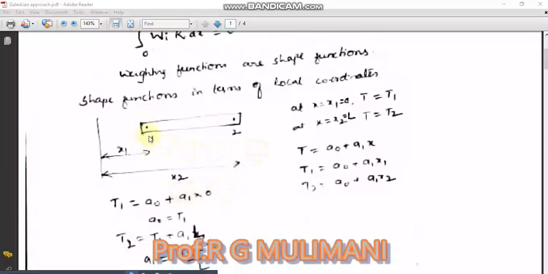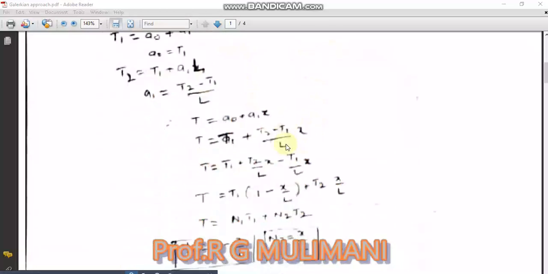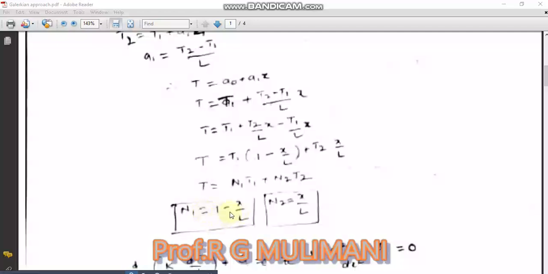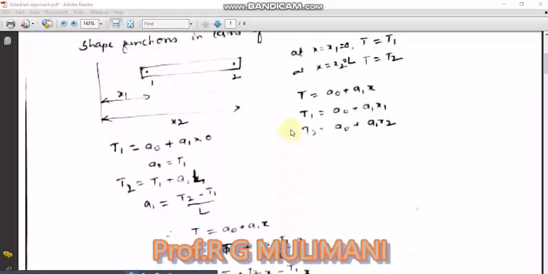At node 1 the temperature is T1, at node 2 the temperature is T2. Node 1 is at x equal to 0, node 2 is at x equal to L. Solving this, we get N1 equals 1 minus x by L, N2 equals x by L. These are the shape functions in terms of local coordinates.